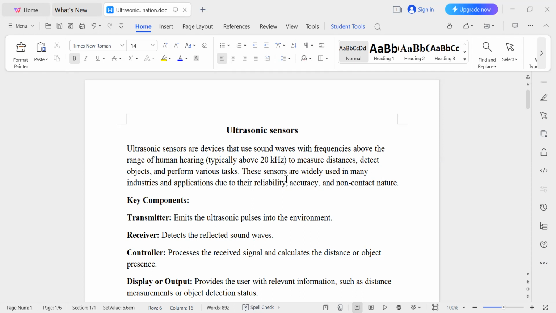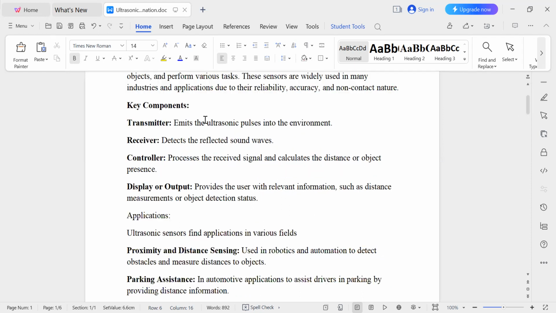These sensors are widely used in many industries and applications due to their reliability, accuracy, and non-contact nature. There are some important components in an ultrasonic sensor: transmitter, receiver, controller, and display or output.